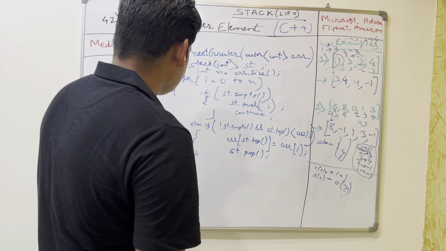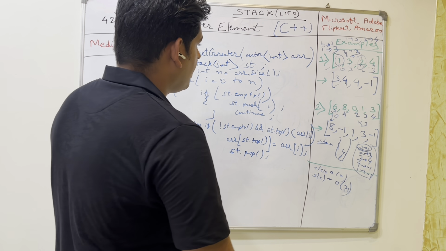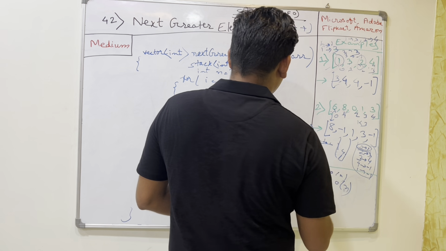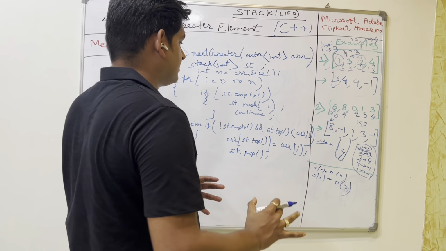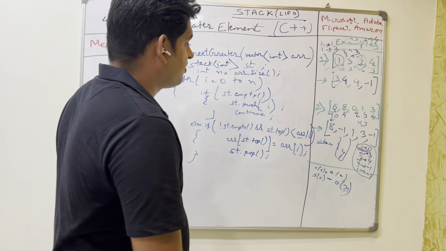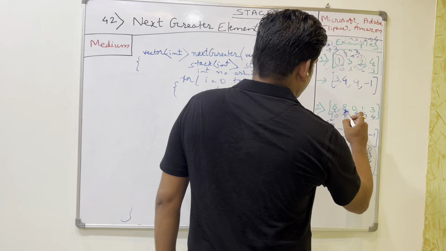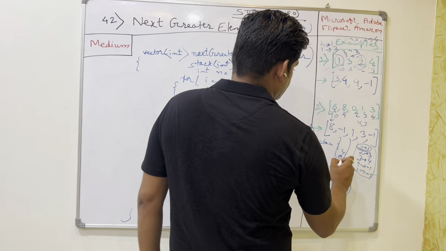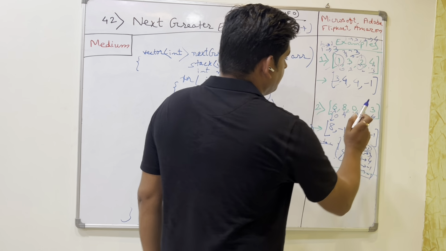But if there are more such elements, like for example 8 and 0, there could be more elements which could be lesser than the current one. Say here, when we insert 8 into the stack, at the first position, then 0 came.